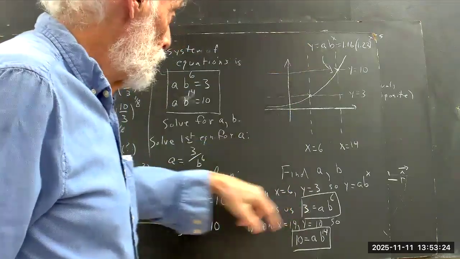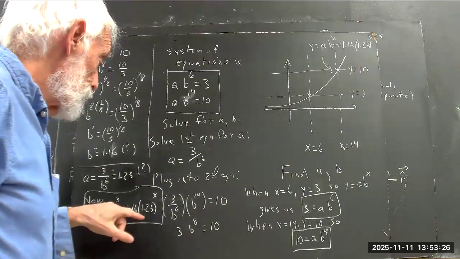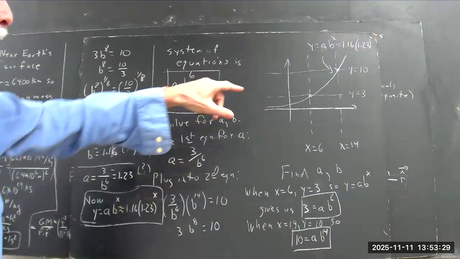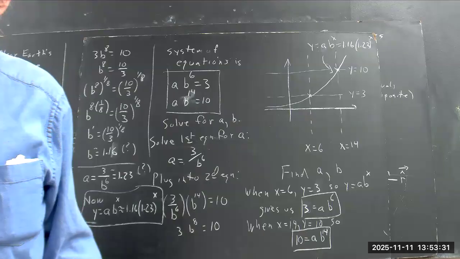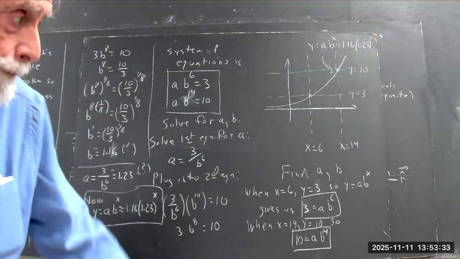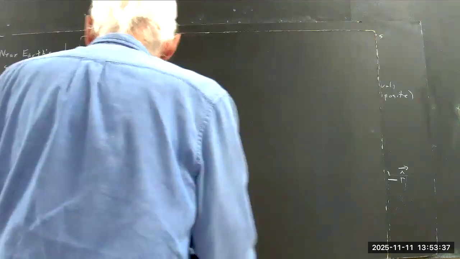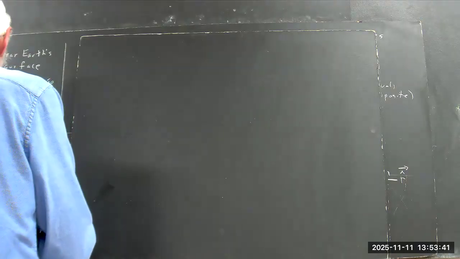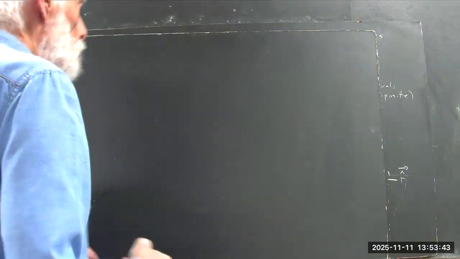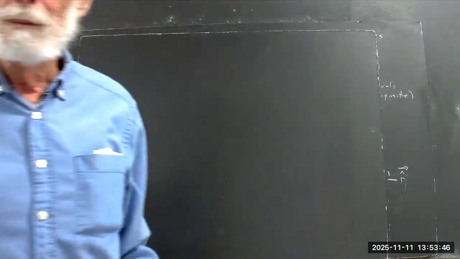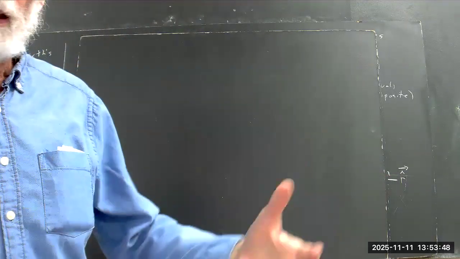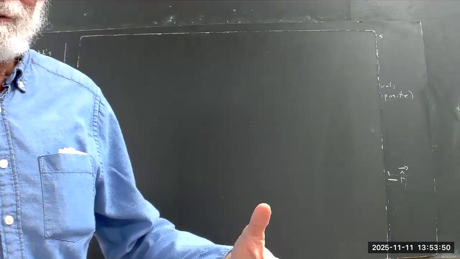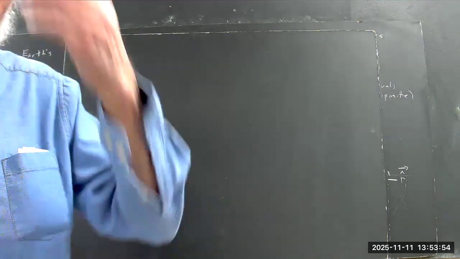And we were able to solve those 2 equations to get the formula for the exponential function, right? We've seen in chapter 2 that if you have two points on the graph of a linear function, you can plug in values, get the y equals mx plus b form. Okay, we've already seen that.